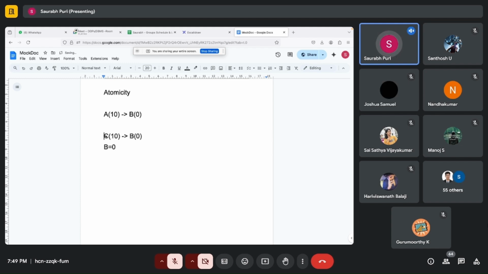But for this transaction T1, and this is transaction T2, while C read the state of B, T1 updated the state of B to 10, right? Now you can see here A just read B to be 0 and updated B. But here C was seeing that B's state is 0.